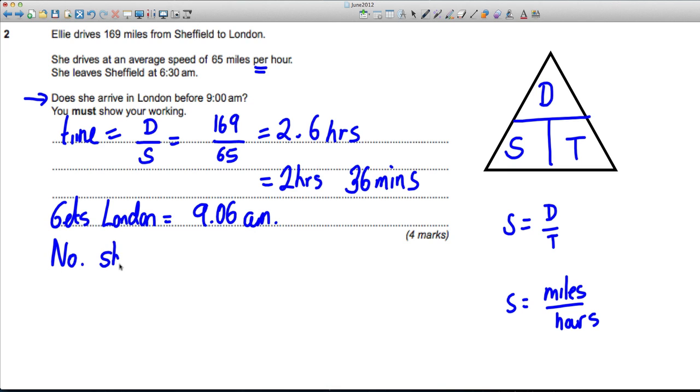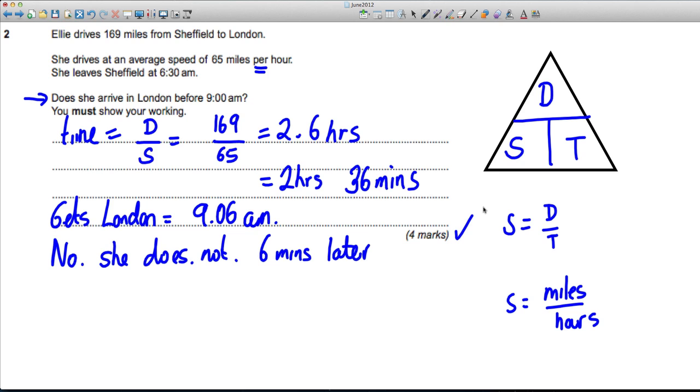No, she does not. And you could state she arrives 6 minutes later. And that's your 4 marks there. It's a nice easy question really to get yourself into this topic.